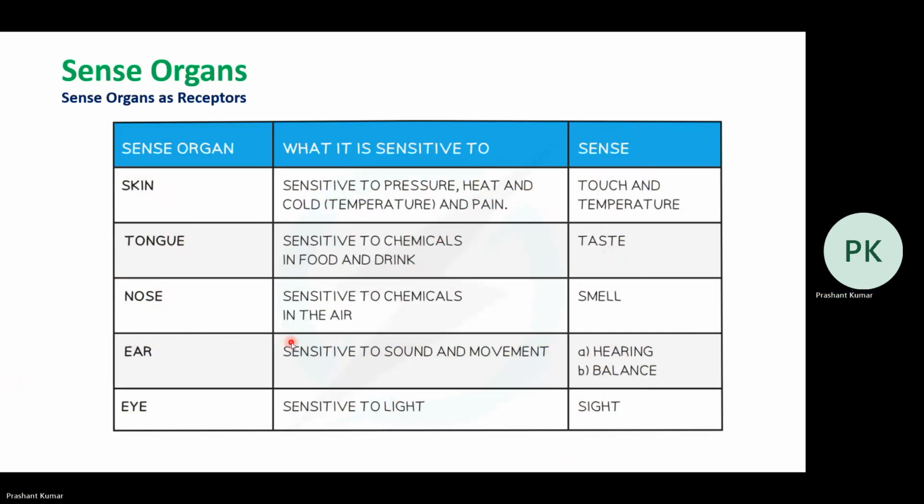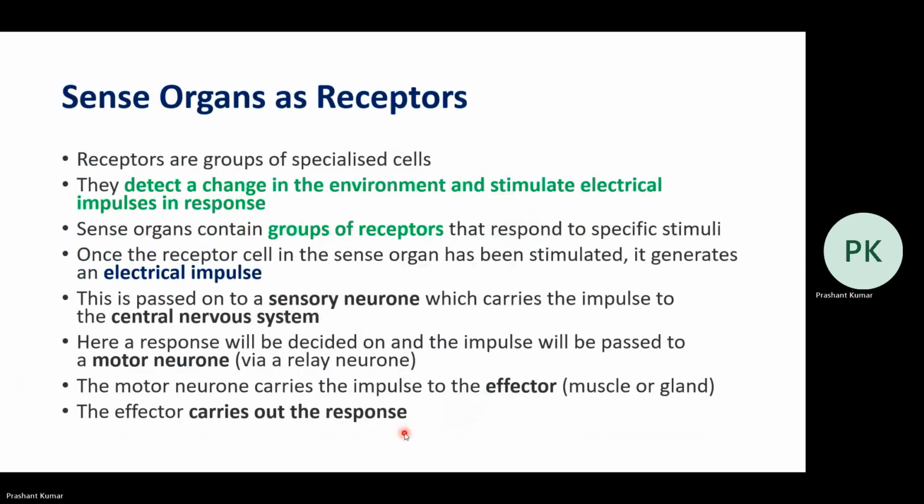Nose: sensitive to chemicals, it senses smell. Ears: sensitive to sound and movement, sensing balance and hearing. Eye: sensitive to light, helps in sight.